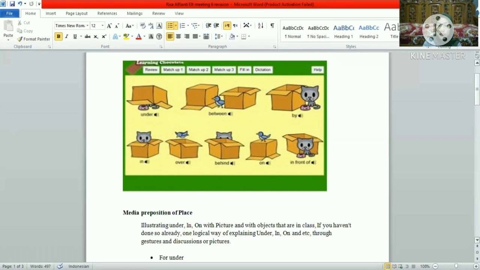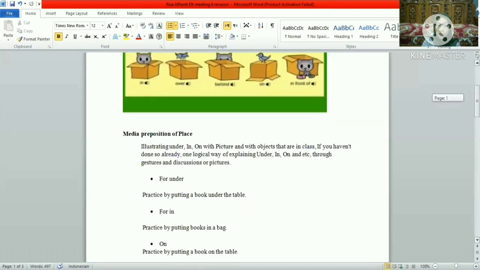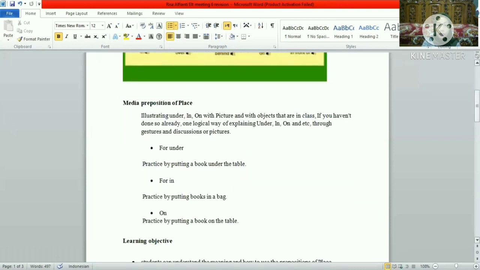In these pictures, the examples, I will explain the function of prepositions of place, and I will ask you to practice the examples.